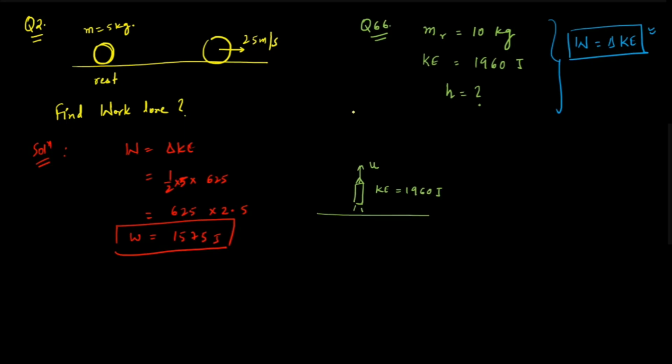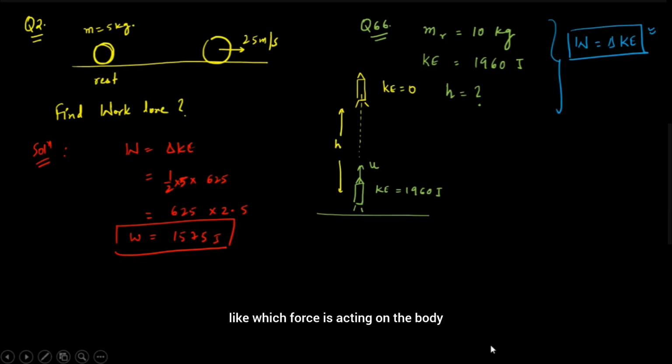The moment its velocity becomes nothing, or you can say its kinetic energy becomes zero, during that transition what would happen? Which force is acting on the body? What kind of work is being done here? That change in kinetic energy of the system must be equal to the work done. What kind of work is going to be done here?